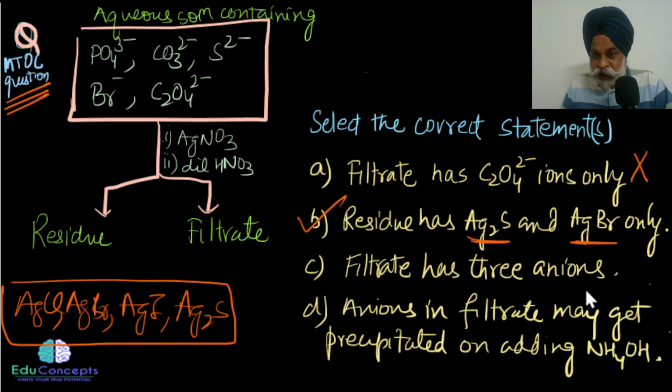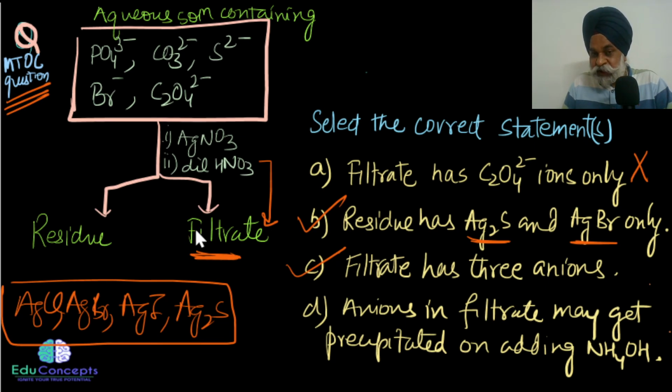Filtrate has 3 anions. Yes, filtrate would have 3 anions. And anions in the filtrate may get precipitated on. Beautiful statement written here. Because all of these when get precipitated in the filtrate, the solution is still the acidic one. When you start adding ammonium hydroxide into it, it becomes basic and at some stage it becomes neutral.